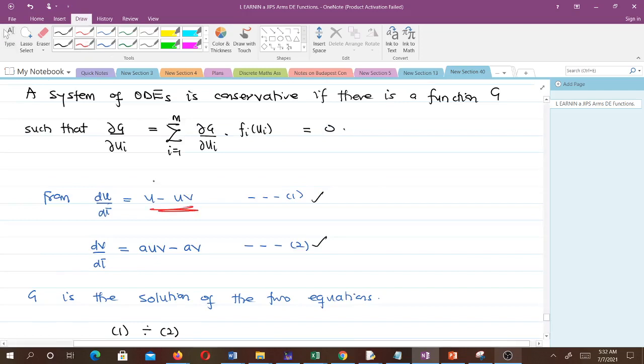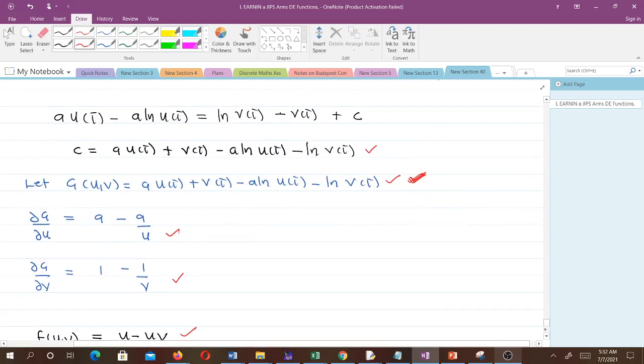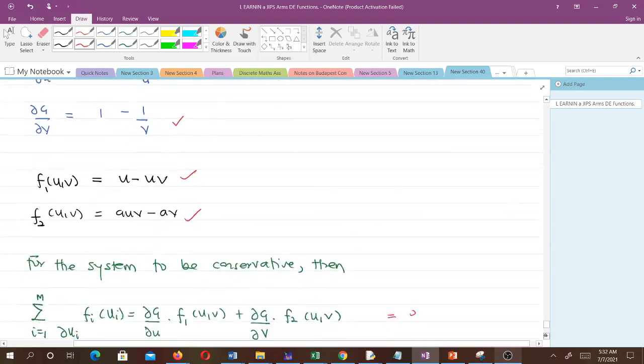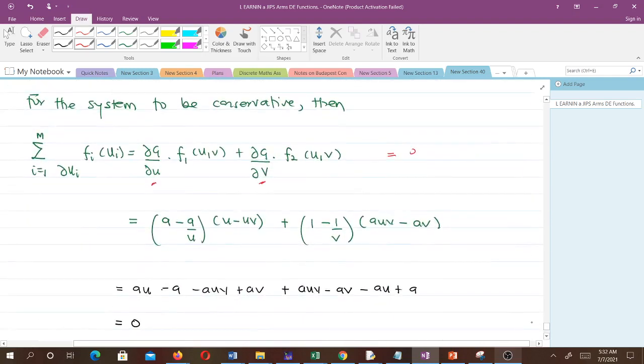So these are f1 of u, v and these are f2 of u, v. I hope you get that. If you do, then let's do the substitution. We get minus a over u multiplying u minus uv, plus 1 minus 1 over v multiplying a uv minus av.